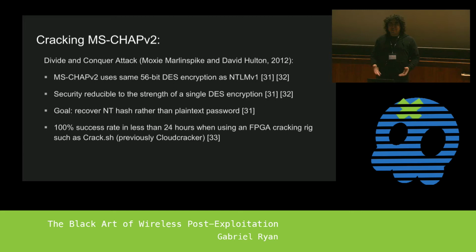And the problem with 3DES, as you may or may not be aware of, is that you can reduce it to 56 bits of DES encryption, which, with a proper FPGA-based cracking rig or a sufficiently powerful cracking rig, you can crack these hashes 100% of the time within 24 hours. So with this divide and conquer attack against MS-CHAP-v2, this entire attack becomes a situation in which you can capture these hashes very easily, then crack them very quickly as well.